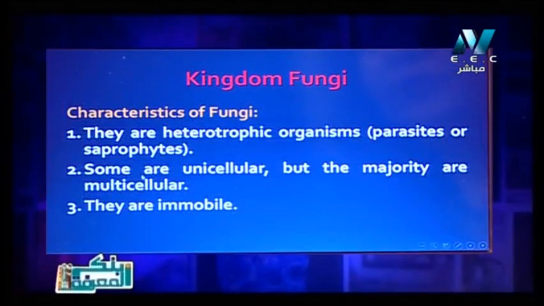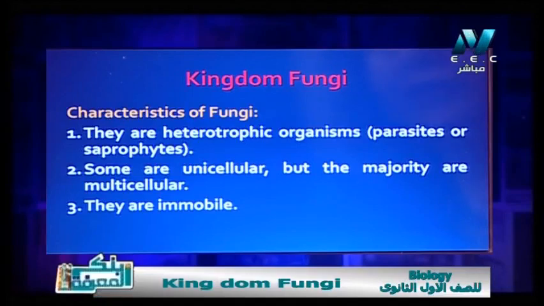Now it's time to start the kingdom fungi. When we say kingdom fungi, we have to bear in mind that all of these organisms are heterotrophic organisms. They don't have chlorophyll. They are not autotrophic. So this is one of the important characteristics in kingdom fungi.